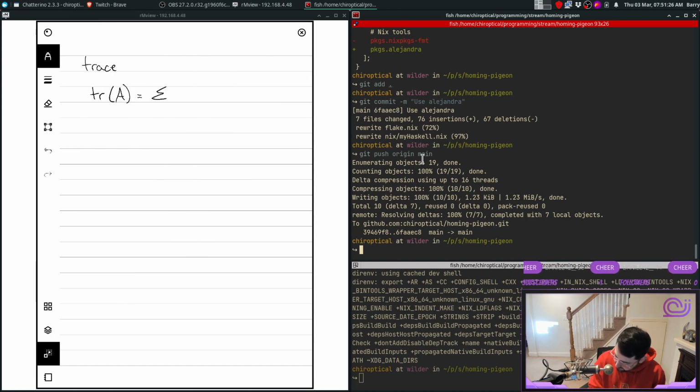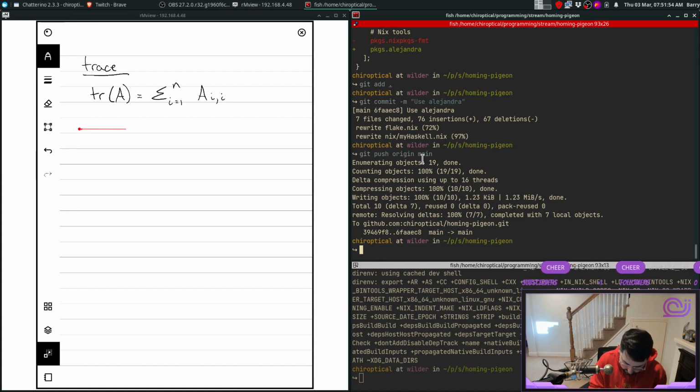You can write that as the sum from i equals 1 to n of A_ii, in this case, and n is just the dimension.